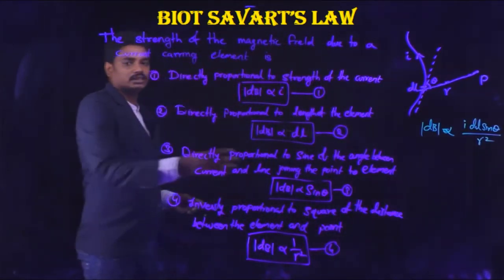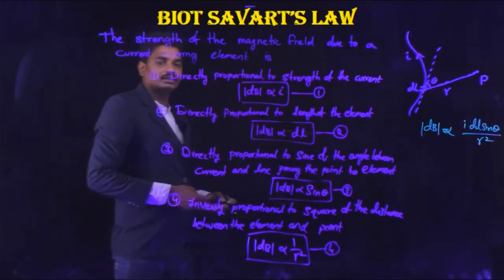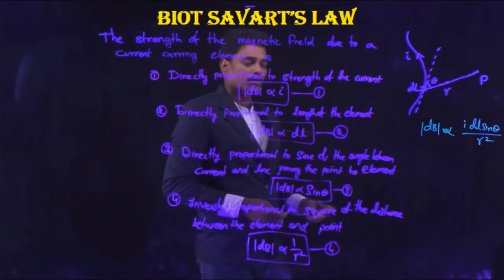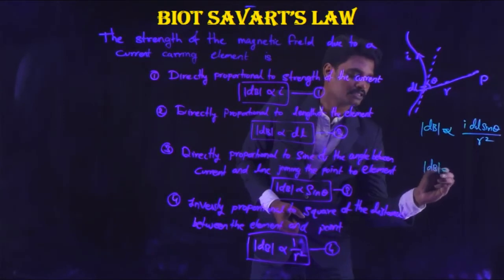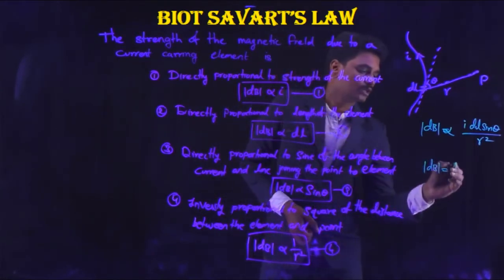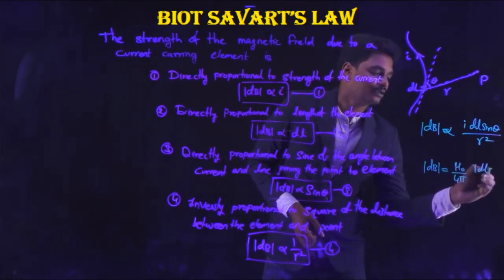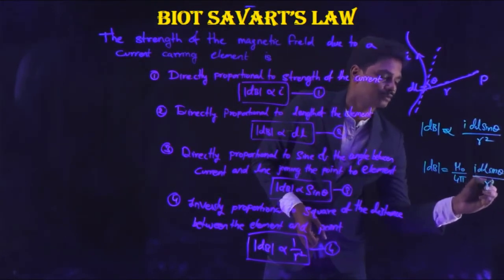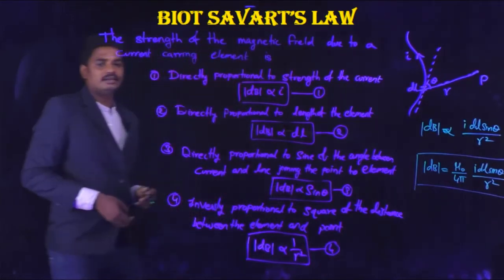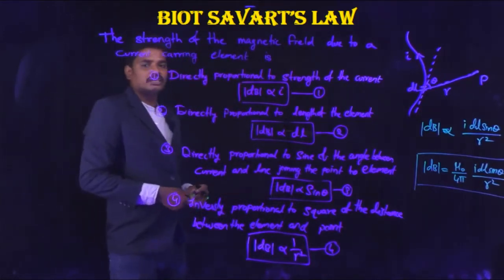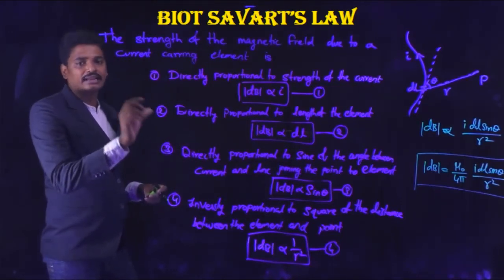Taking this proportionality with a constant, mod dB is equal to mu naught by 4 pi into I dl sin theta by r square, which is the equation for the magnitude of the magnetic field due to a small current carrying element.